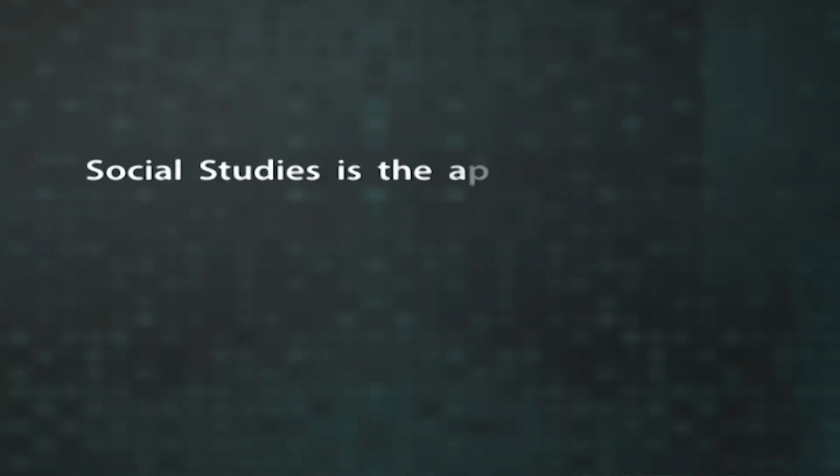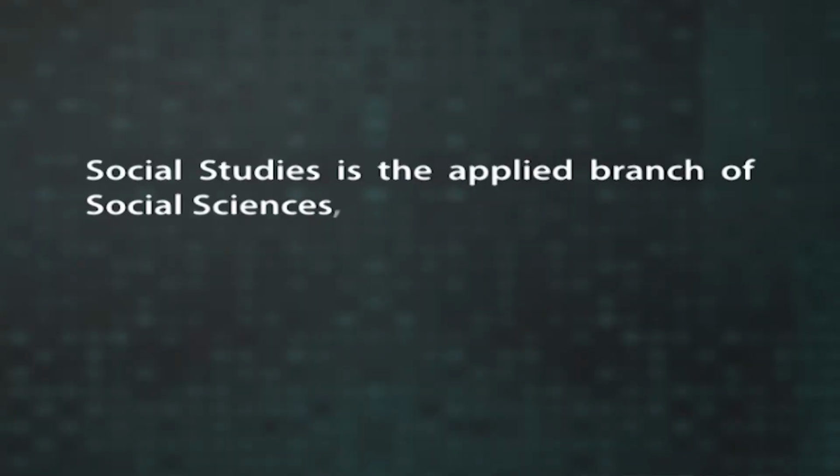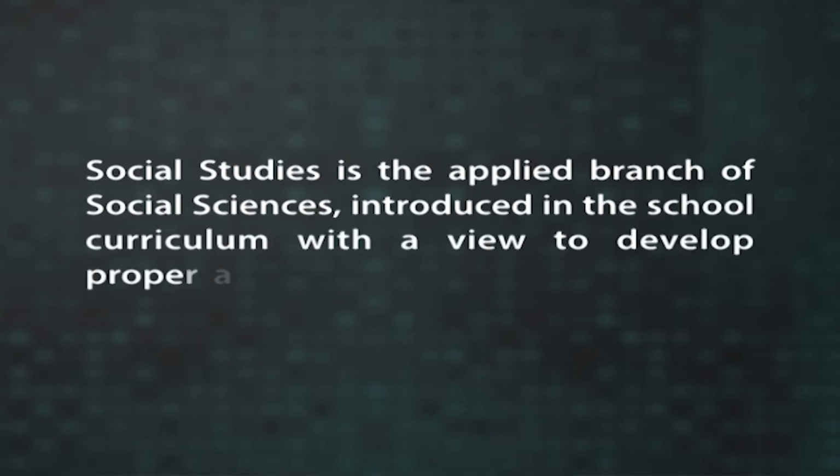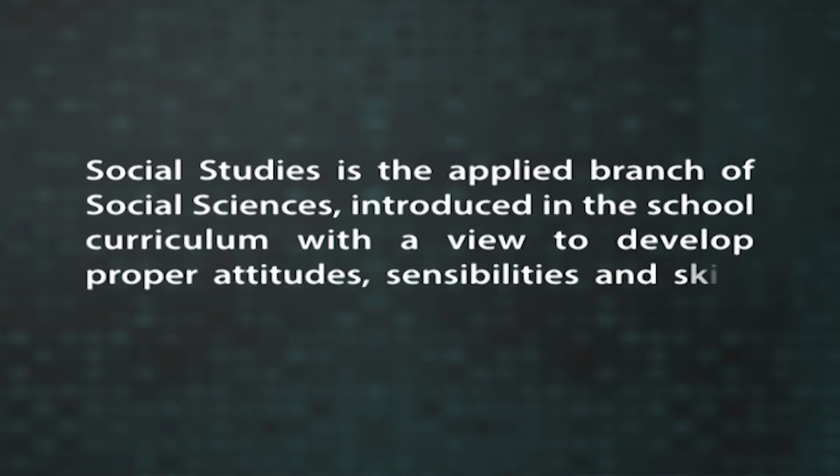Social studies is the applied branch of social sciences introduced in the school curriculum with a view to develop proper attitudes, sensibilities, and skills in future citizens. The concept of social studies is continuously growing and changing with changing social process. The concept of social studies includes commitment to action.